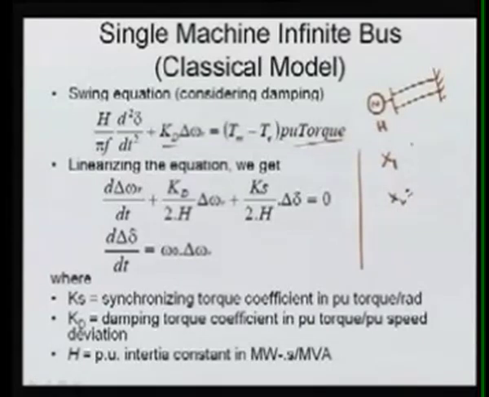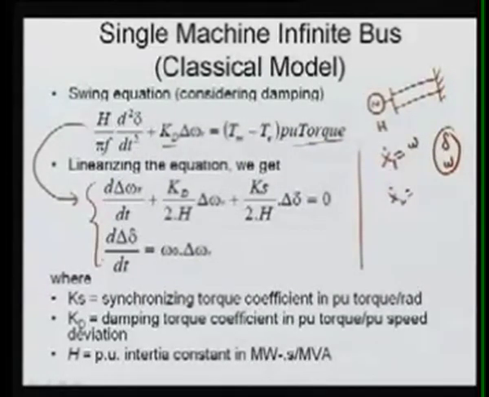Here x1 dot is nothing but your speed, and x2 dot is this differential equation. So we get two variables, one is delta and another is omega, and we can write the differential equation corresponding to these two. This second order differential equation can be linearized, and we can get two first order differential equations.